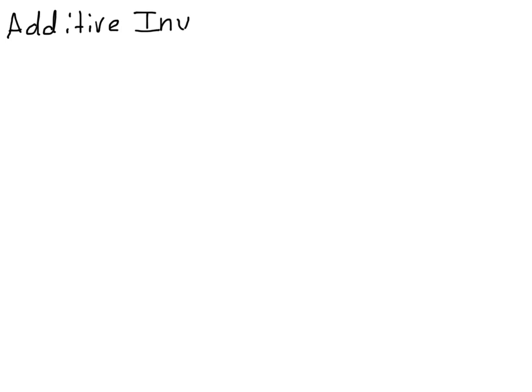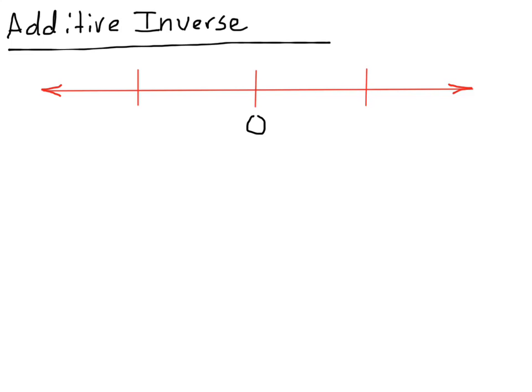All right, so we have a bunch of properties that we'll get into on numbers, and the first one is we'll talk about the additive inverse. Now the additive inverse is essentially the negative version of the number that we're talking about. So if with respect to the origin we have a number A, we talk about -A as being the additive inverse.